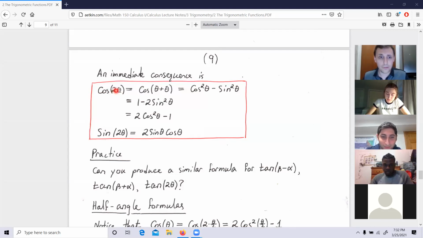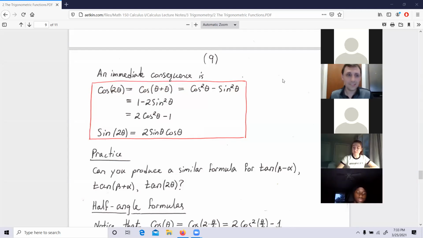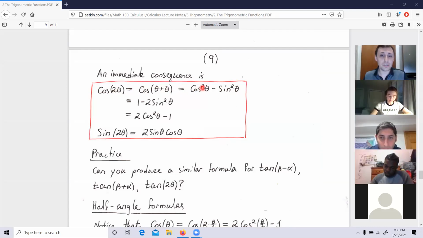So cosine of 2 theta is cosine of theta plus theta, which is cosine theta times cosine theta minus sine theta times sine theta. So that was cosine squared minus sine squared, which I can convert to 1 minus 2 sine squared theta.